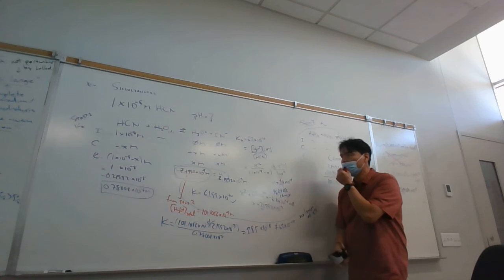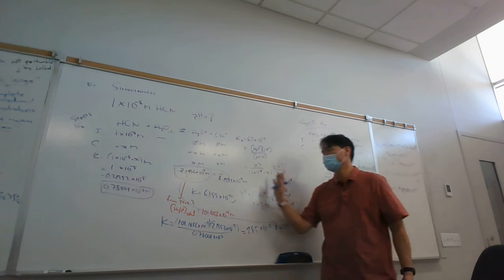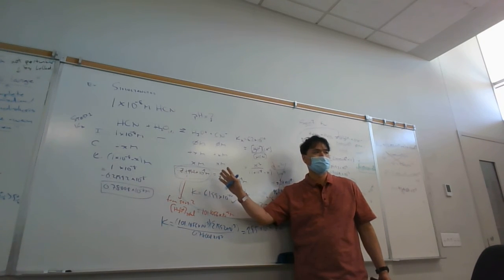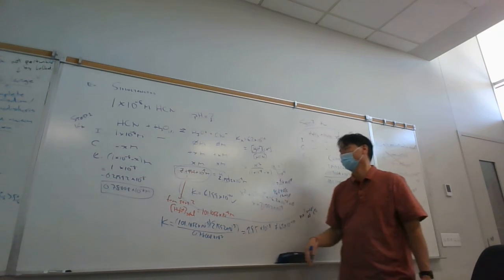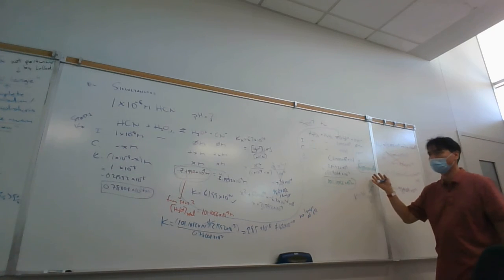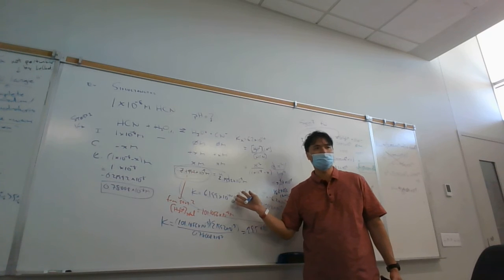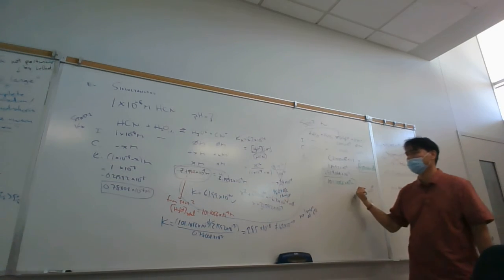So if we go back and set up a new ICE table, we call this step 3, and then we shift this to the left, what do you think is going to happen to step 2? In other words, we did step 2, step 2 comes out right, so we go back to fix step 1. After we fix step 1, what do you think is going to happen to the hydronium? It's going to perturb step 2.